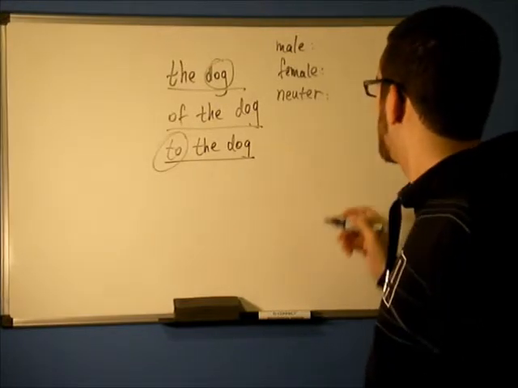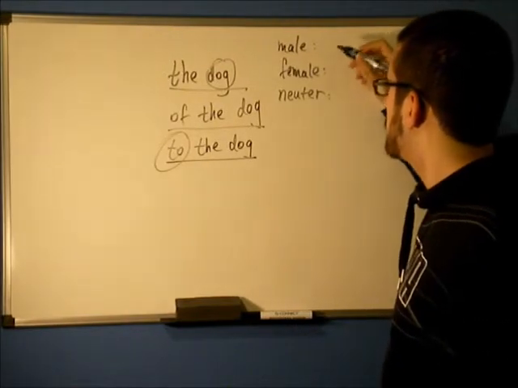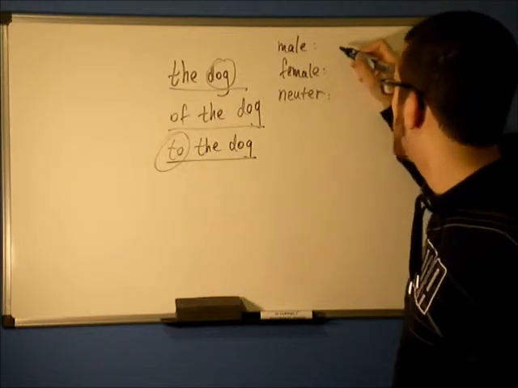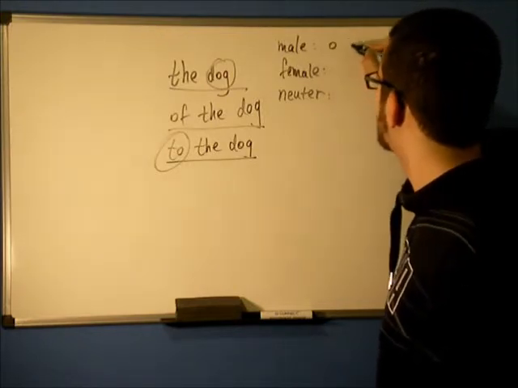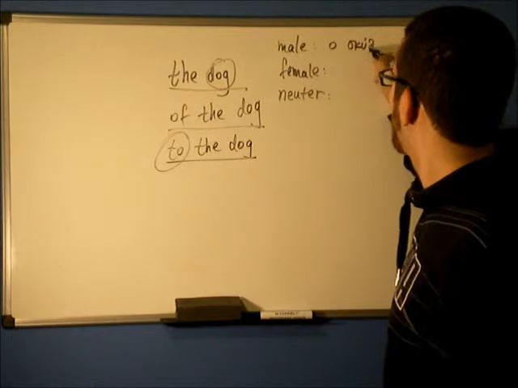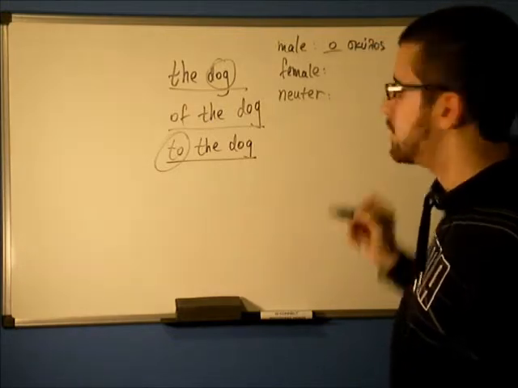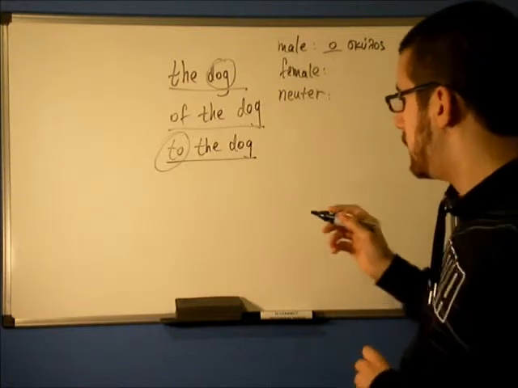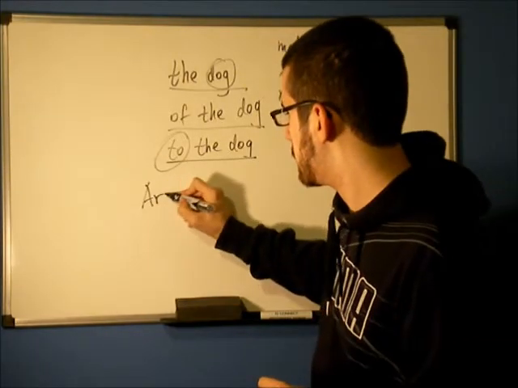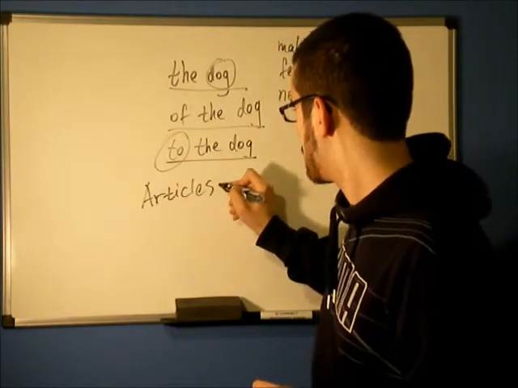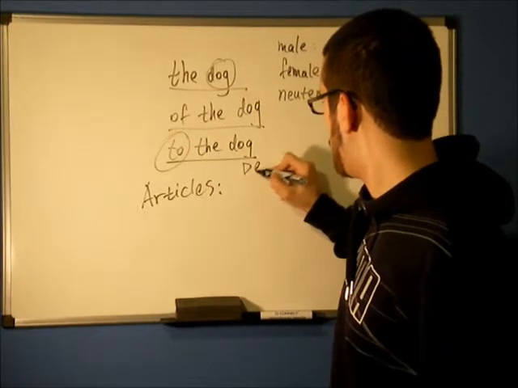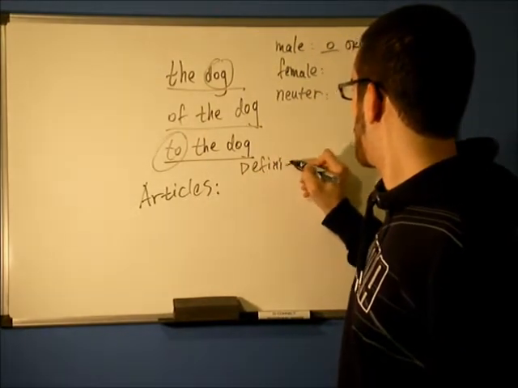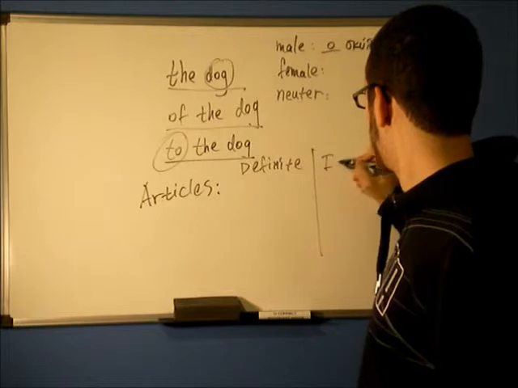For example, male. The dog, as I said, is male. It's o skilos. O is a definite article. It's the dog. The articles: we have definite and indefinite.